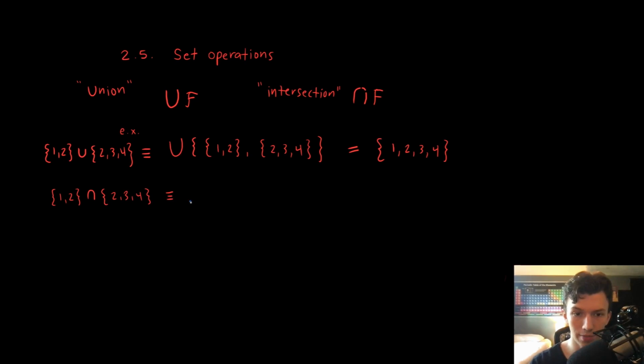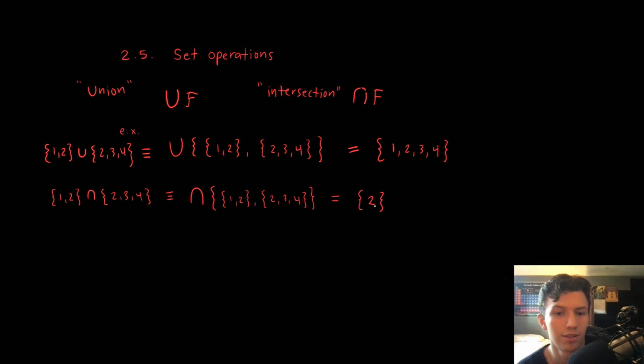This is defined to be the intersection of this family here, and it is equal to all the common elements between the sets. In this case, 2 is the only common element, so it's the set that contains 2. Because 1 appears in this set here, but it doesn't appear in this one, so you can only take all the common elements that appear in every single set.